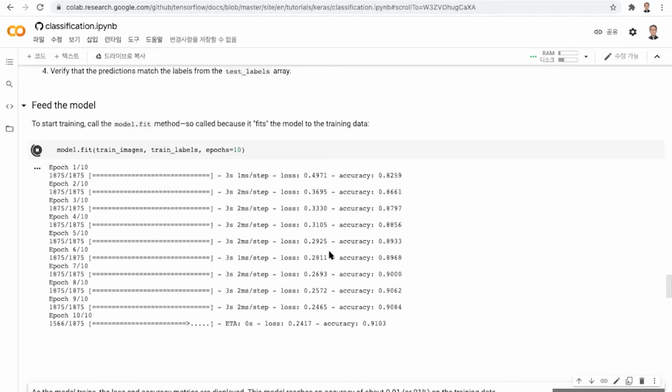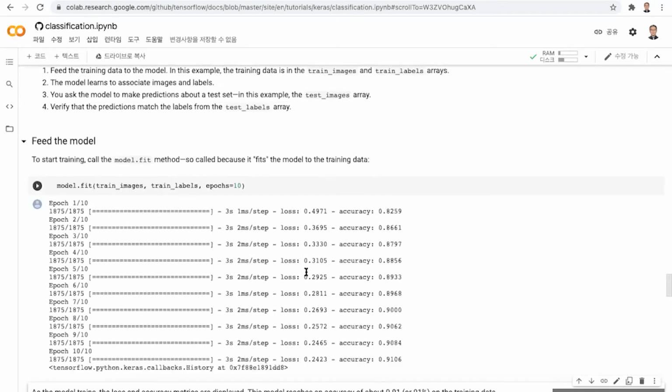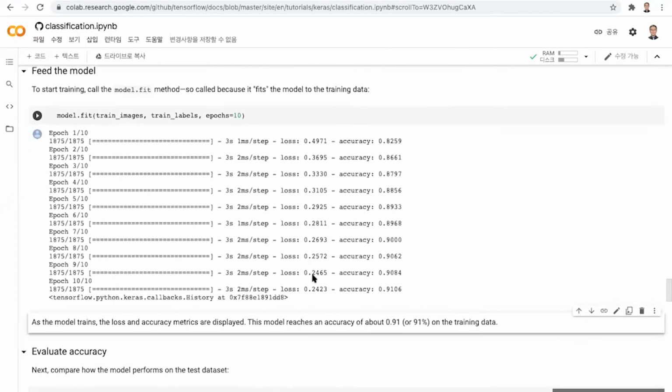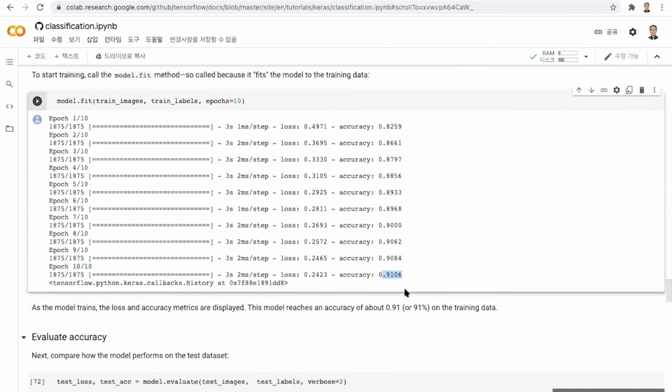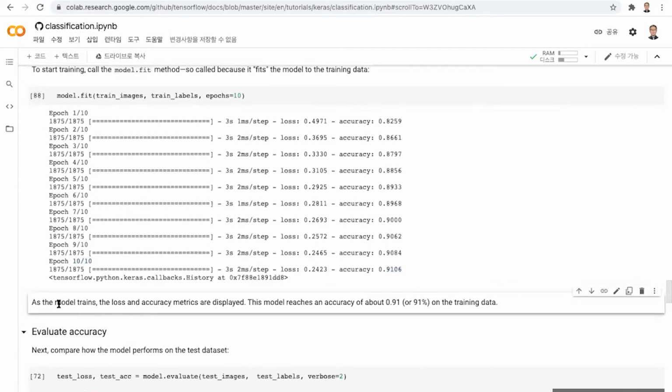We just know that a smaller value of the loss is better. But the accuracy, it says, as the model trains, the loss and accuracy metrics are displayed. This model reaches an accuracy of about 91%.